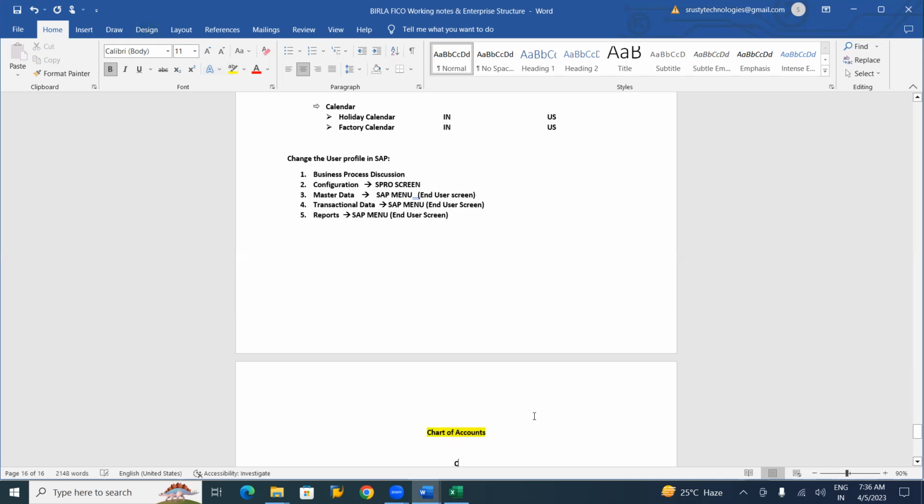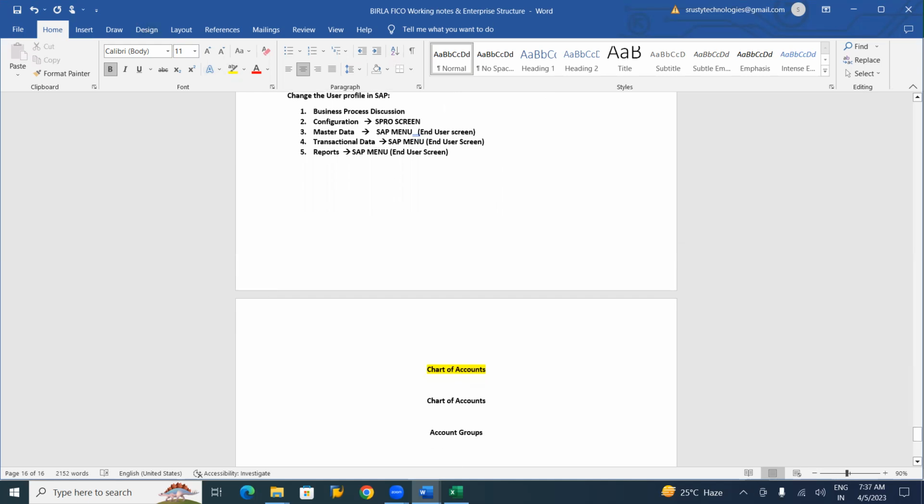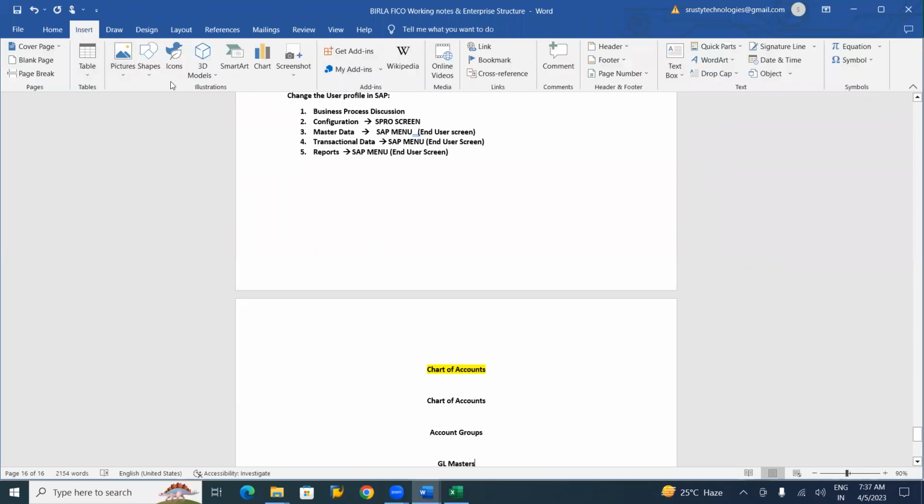We are calling it a library, so what does library mean? Under that we will have account groups, and under account groups we are going to maintain GL masters. This is a higher structure: chart of accounts, account groups.